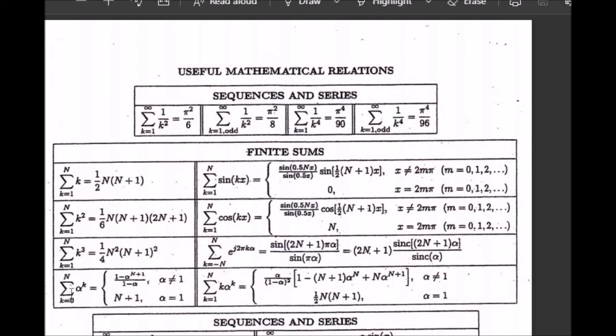We can use this one: summation from 0 to n of alpha power of k. Yours is 2 power of k, so alpha is not equal to 1. So you can use this formula: 1 minus alpha power of n plus 1, divided by 1 minus alpha.